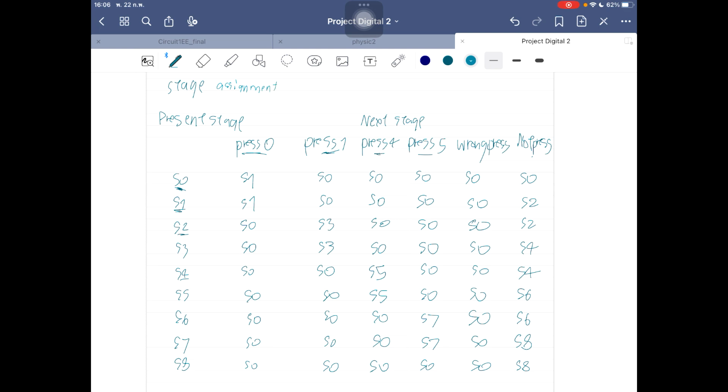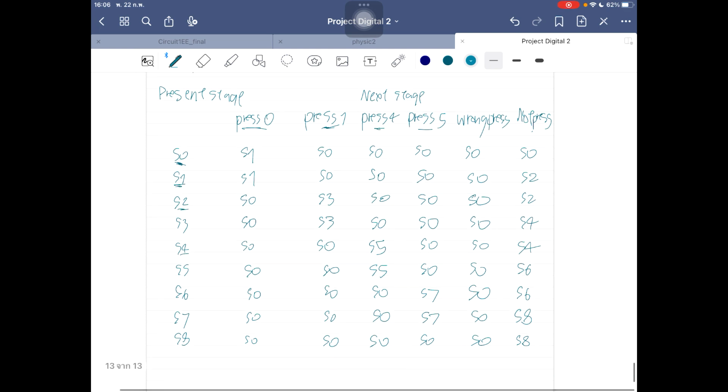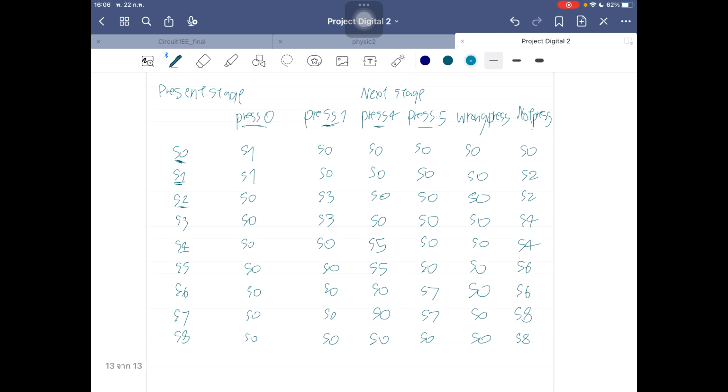The state assignment, when we finish this, we can write the equation of them.